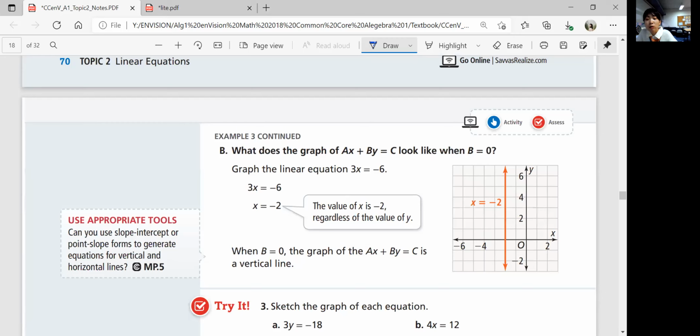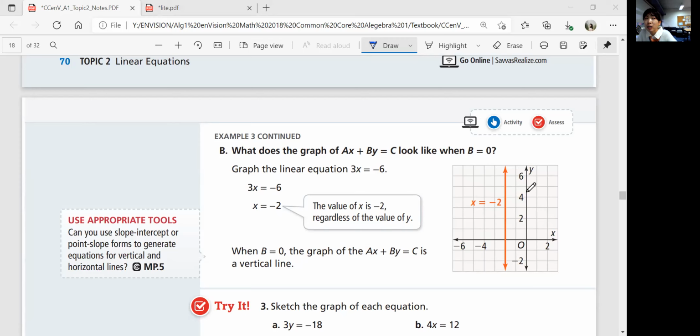What about when the graph has b equal to 0, right? So that's when your y is gone. So if y disappears, you just have x equals a number. So 3x equals -6 would be an example. That's really x equals -2 if you simplify the equation by dividing 3 on both sides. And that's telling you all the points should have -2 for x.